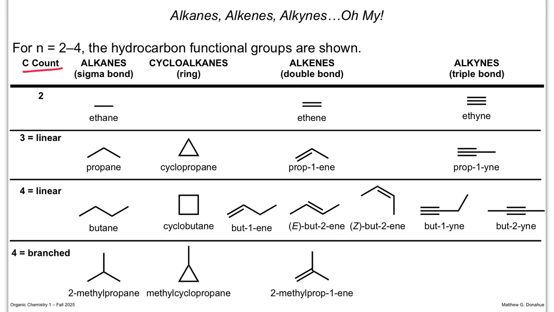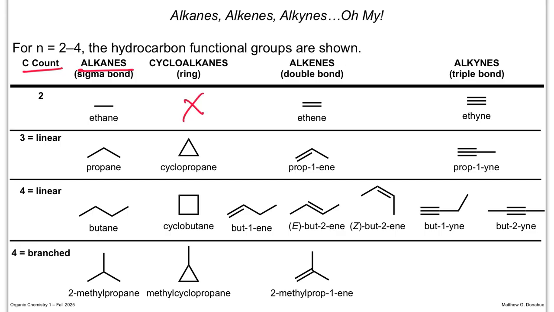Down column 2 in alkanes: ethane, propane, butane, 2-methyl propane. Say we wanted to now make cycloalkanes of that carbon count.